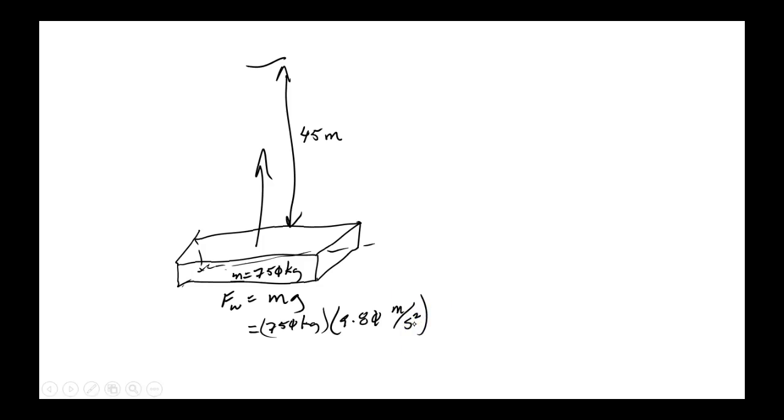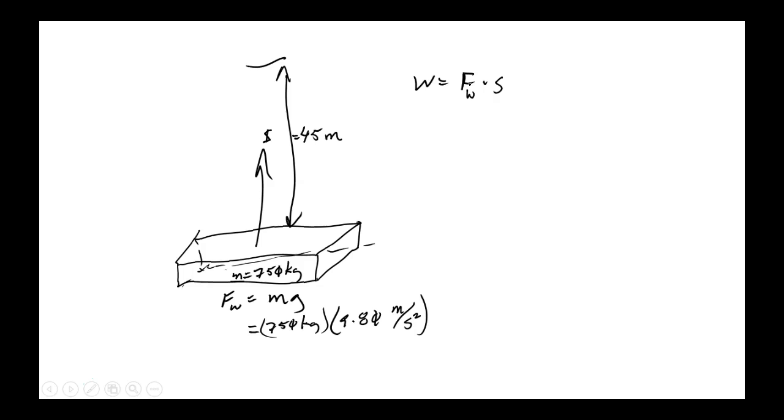Okay. So that's going to be the weight, which is the force, and you're lifting it. So the work done is force times displacement. You don't have to worry about any angle because you're going in the same direction. So this is your S, is 45 meters. This is your force due to weight.